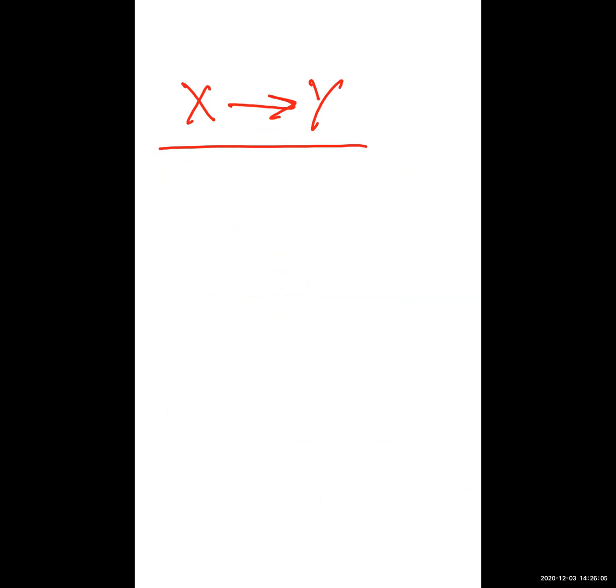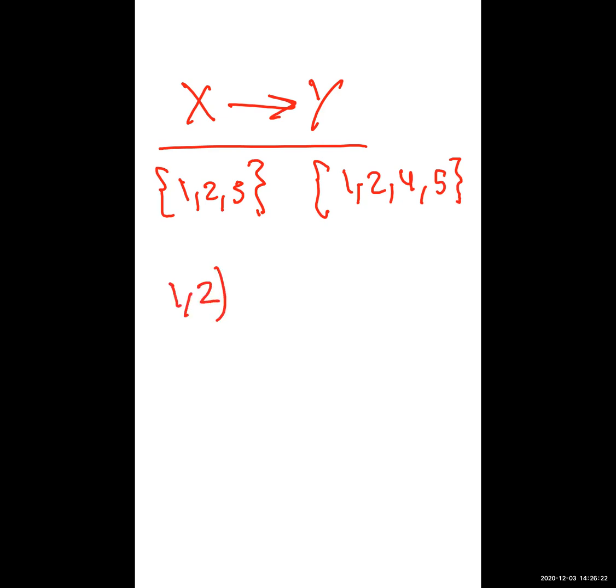So this means if x is 1, 2, 3 and y is 1, 2, 4, 5, and the ordered pairs are 1 and 2, 2 and 4, and 3 and 5, for example.